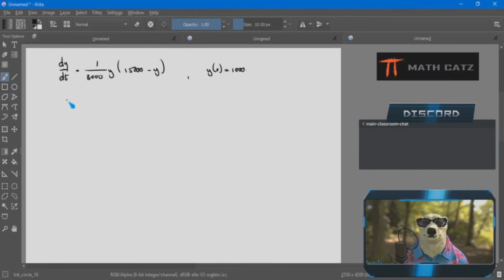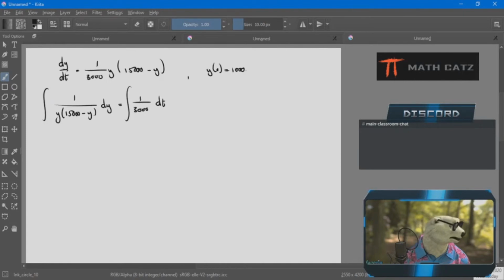Well, we move all the y-related terms to the other side, separating the variables, and I'll just leave the constant with the dt side, and then we integrate both sides. But on the left, we have a partial fraction situation.